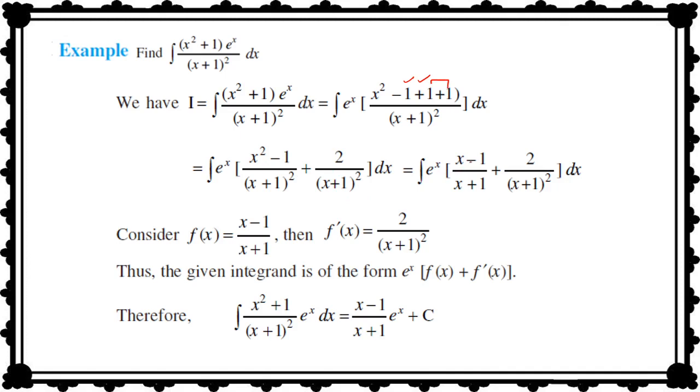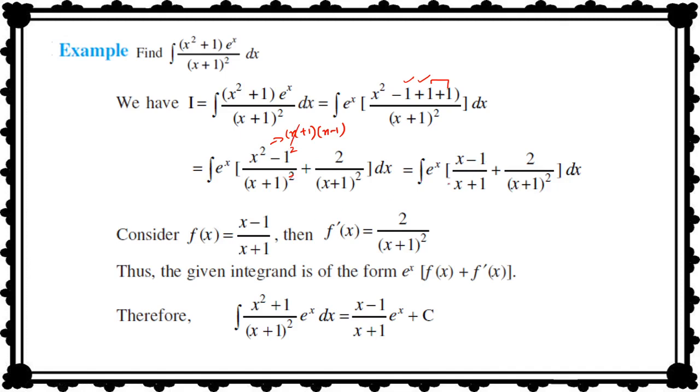Now e power x, x minus 1, because here we can write x square minus 1 as x plus 1 into x minus 1, right? And this x plus 1 and this square will be cancelled, right? So x minus 1 upon x plus 1 plus 2 upon x plus 1 whole square, right?